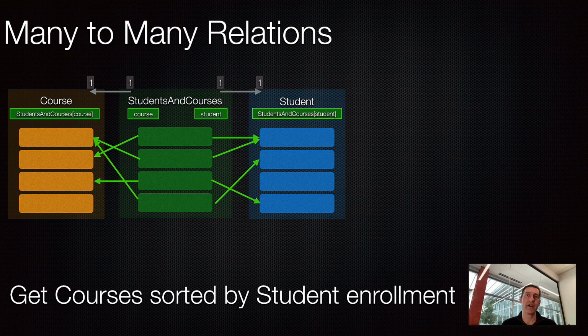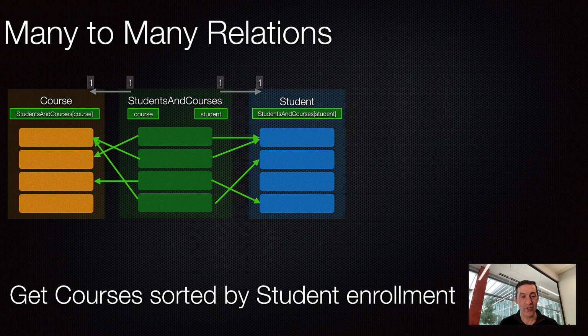In order to get courses sorted by student enrollment, we need to know the student count. And in order to get the student count, we need to use the count function, if you remember. So for every course, we need to count how many students are there.